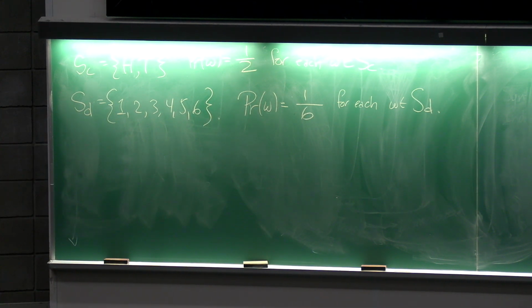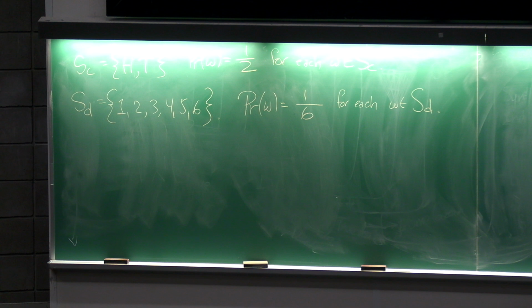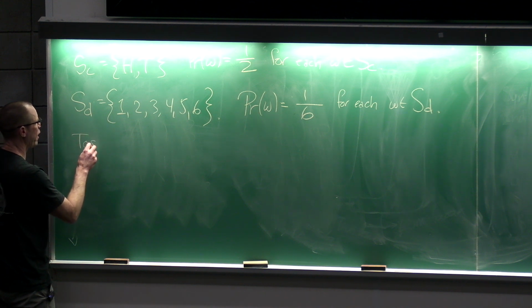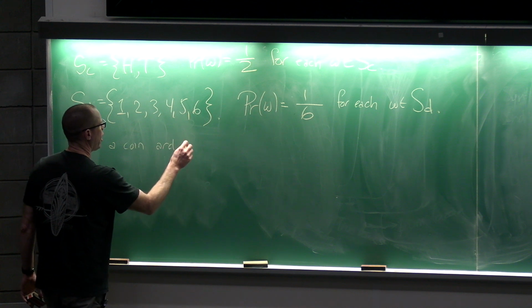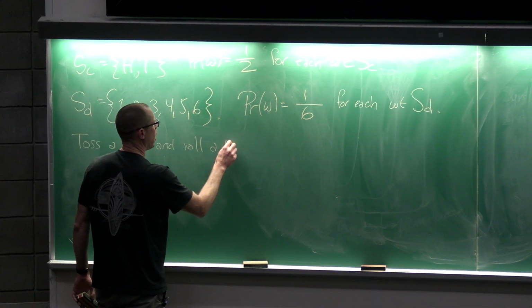And someone might say, let's consider what happens when we toss a coin and roll a die. And so the wording for that might say something like, toss a coin and roll a die.